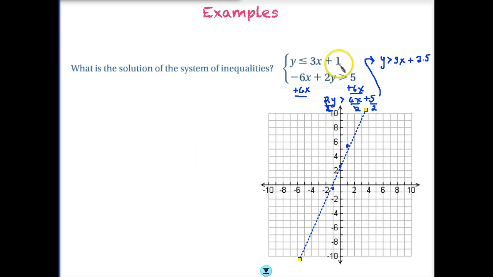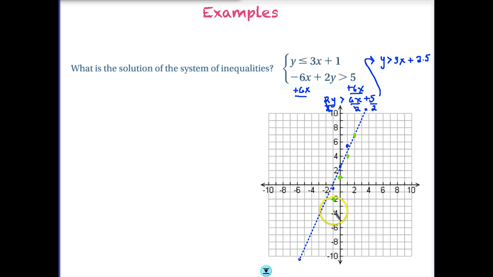My first equation has a y-intercept of 1. Let's put a dot here for 1. Then our slope is a positive 3 over 1, so we're going to go up 1, 2, 3 and over 1, up 1, 2, 3 over 1, and down 1, 2, 3 over 1. I'm doing many more points on this one because I'm noticing that it's very close to this line, and I really want to make sure that I get the right shading and an accurate line.